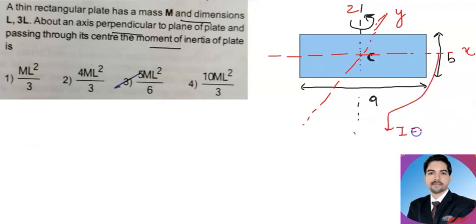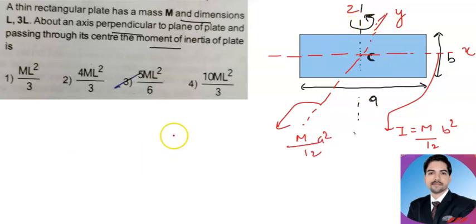As we know, about this axis, the moment of inertia I is equal to m by 12 b square. About this axis, the y axis, which is parallel to the b side, it is m by 12 a square.